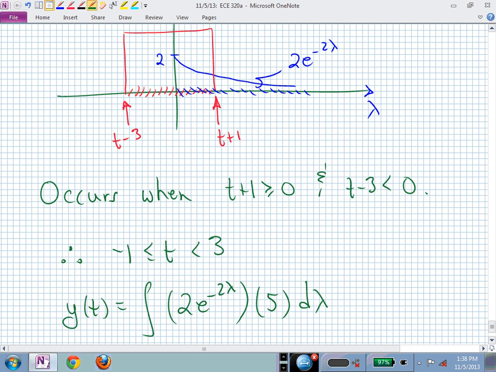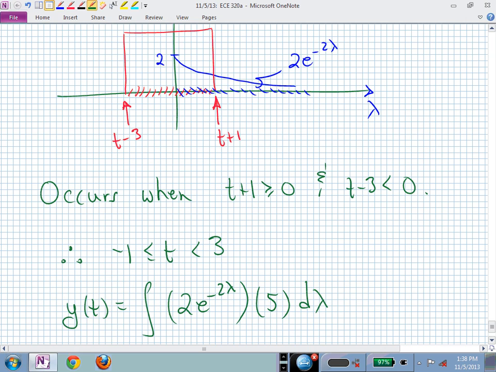When do I have a non-zero product between h and x of t minus lambda? That's where my cross-hatching exists, from lambda equals 0 all the way up to t plus 1. Those are my limits of integration.